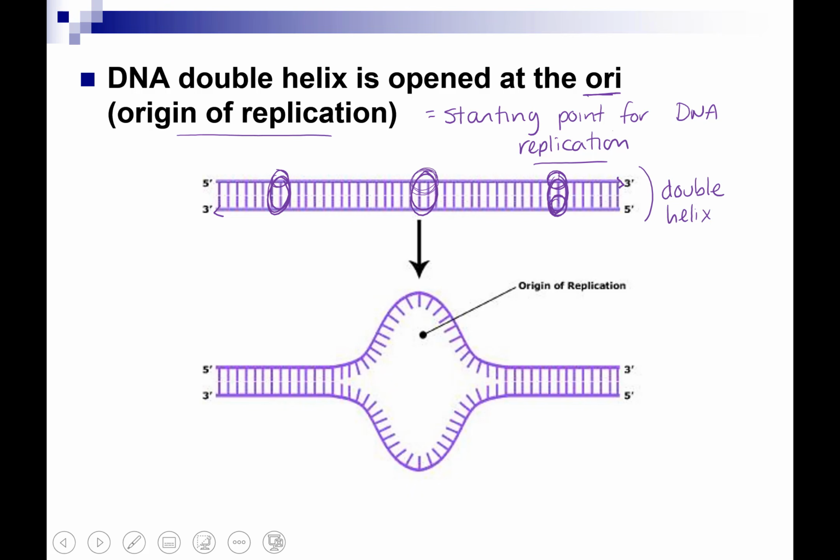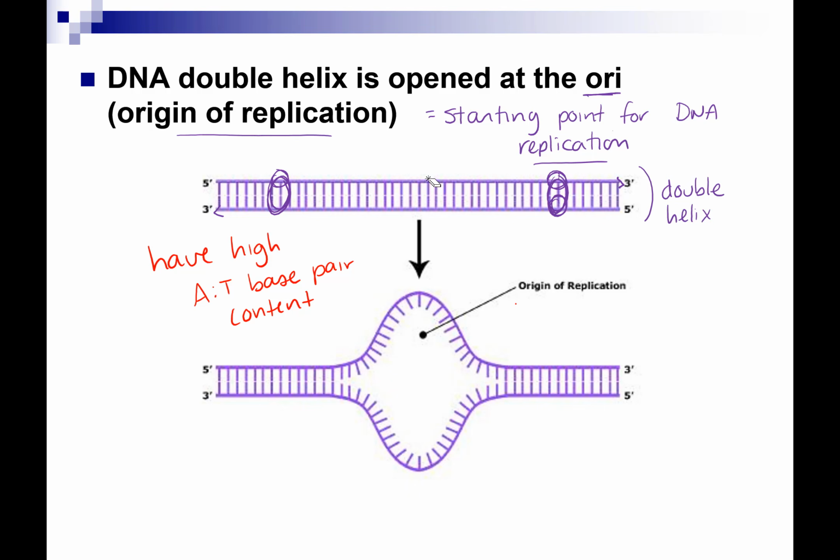Also, I want you to note that origins of replication have high AT base pair content. So if you looked at the nucleotides here, there would be a lot of AT base pairing.